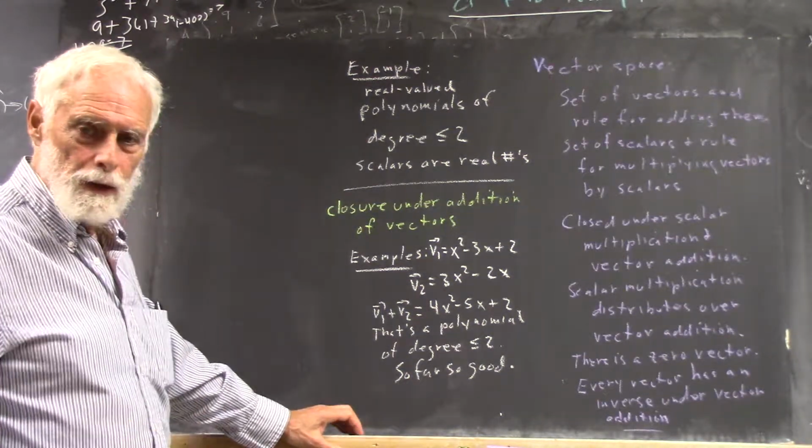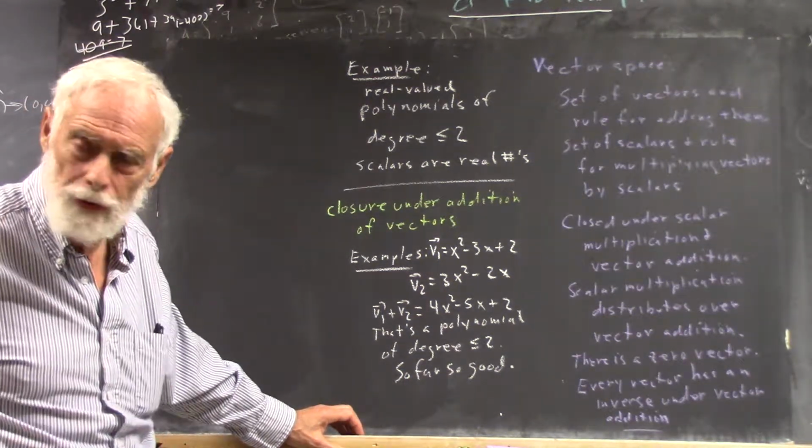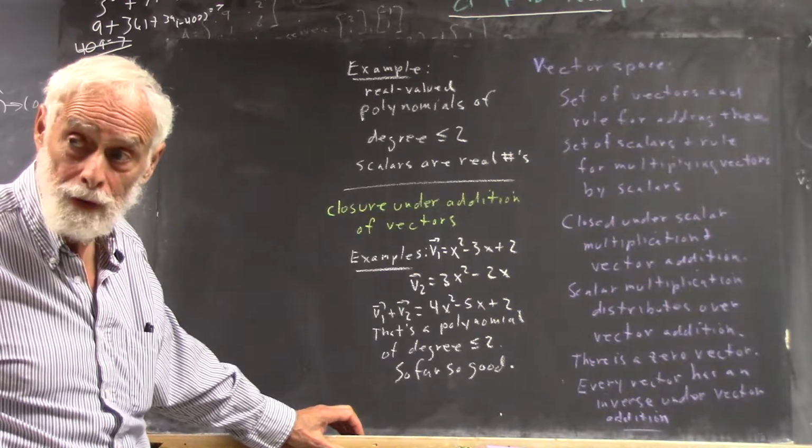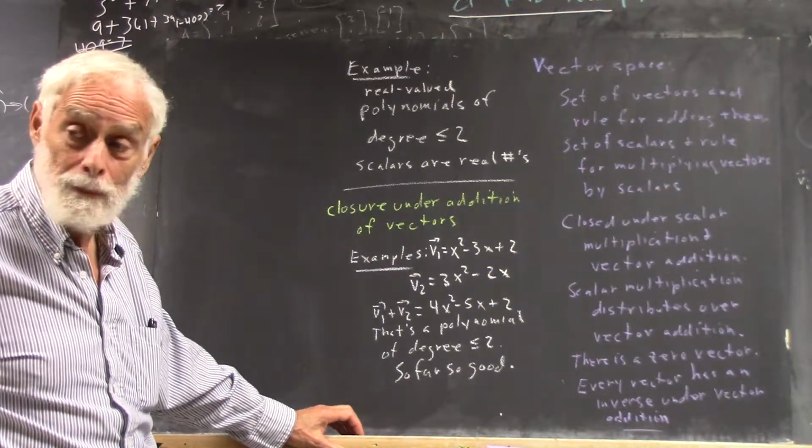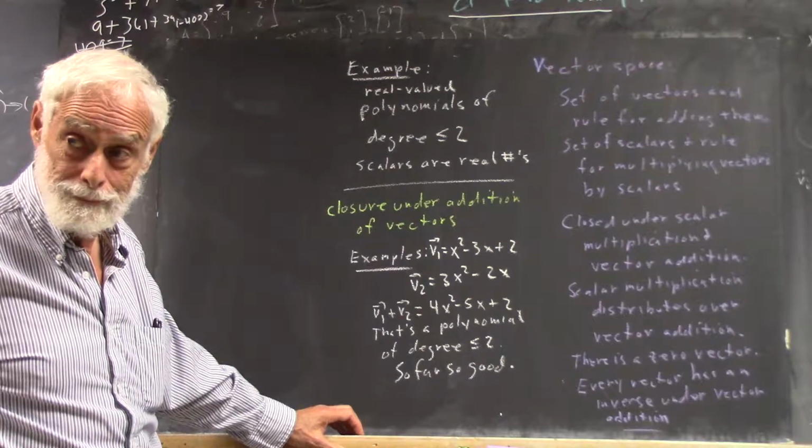if you think about it a little bit, you find that it's pretty obvious that if you add two such polynomials, you're going to get such a polynomial. But can you prove it?